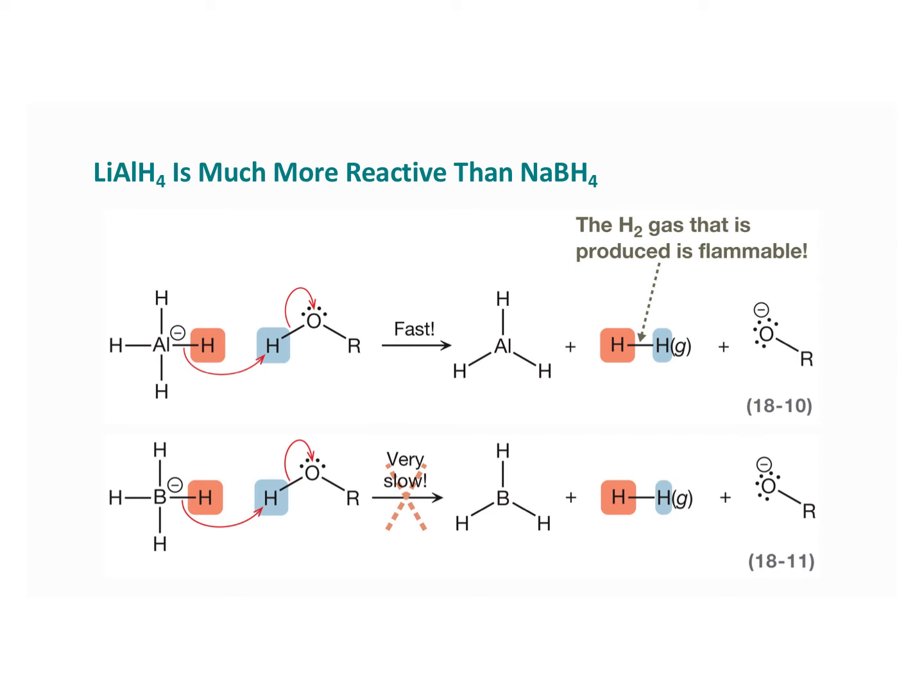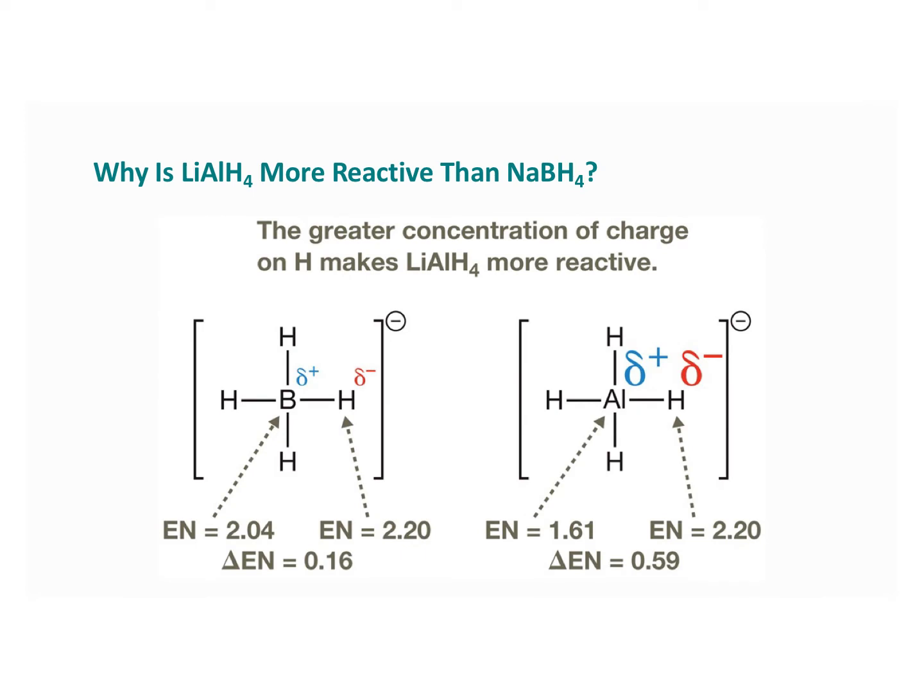Now, I'm sure the burning question in your heart is, why is lithium aluminum hydride more reactive than sodium borohydride? Well, lithium aluminum hydride is more reactive than sodium borohydride because of the electronegativity difference. The electronegativity of aluminum is 1.61, and that's a lot lower than boron, which is 2.04.